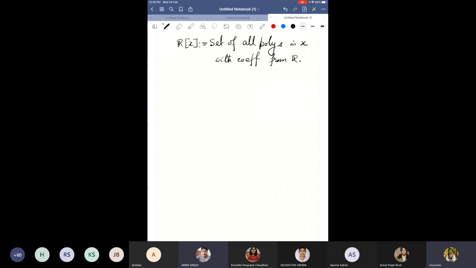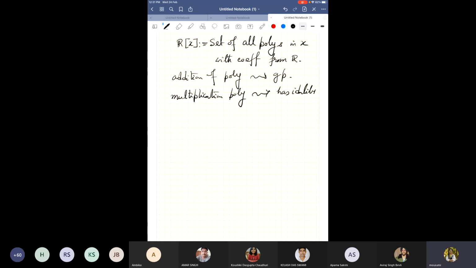Addition of polynomials. You know how to add two polynomials, right? So addition of polynomials forms a group, and multiplication of polynomials. But with respect to multiplication, does it form a group also?